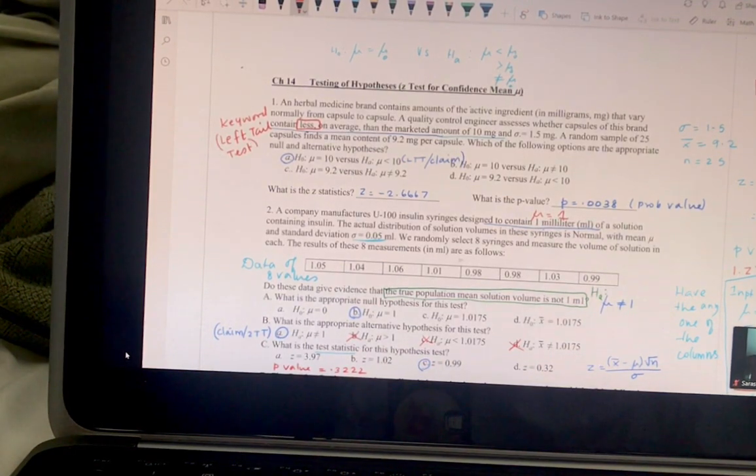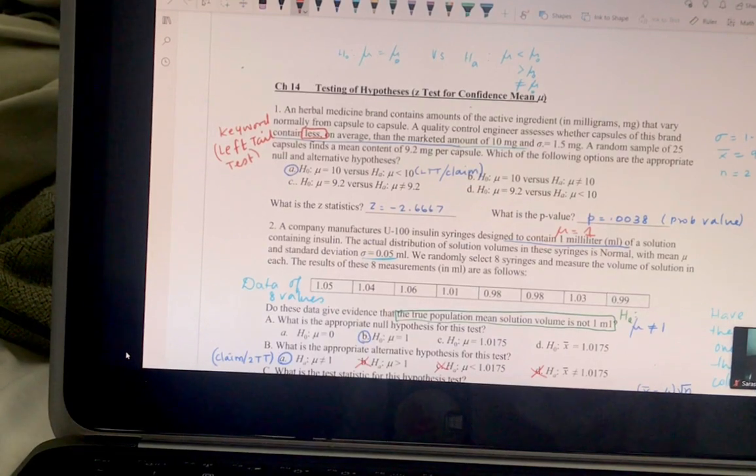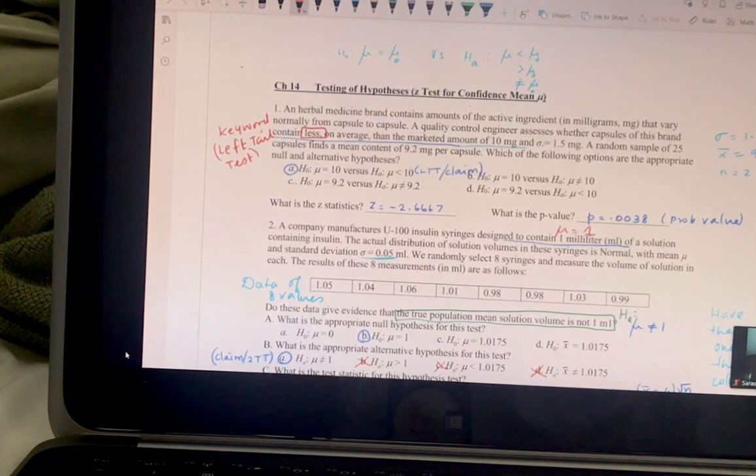Okay, all right. So now the amount is 10 milligrams, and the standard deviation is 1.5 mg. A random sample of 25 capsules. So you are picking a sample of 25, and you find that the mean, or the average, coming from the sample of 25 is 9.2 mg per capsule.